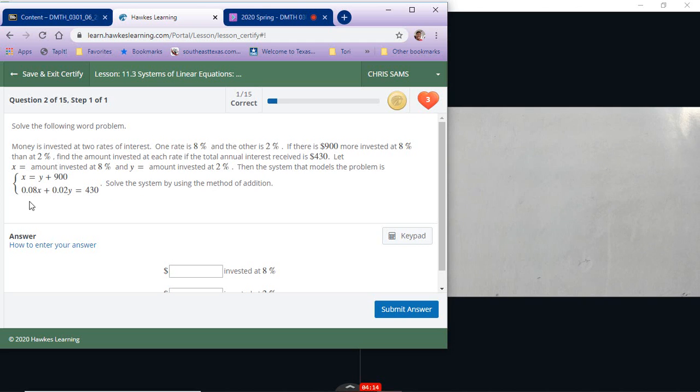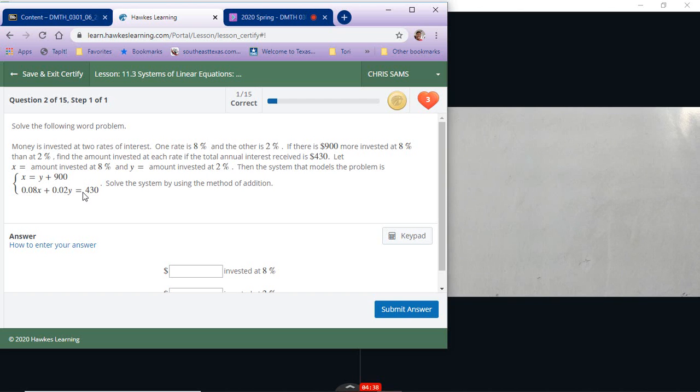Okay, so notice we have x, and then y, and then the number. We also have x, and then y, and then the number. However, you should also be careful to see that this equal sign is in between the x and y, and over here the equal sign is between the y and the number. So everything first needs to be lined up, and then we can solve it.